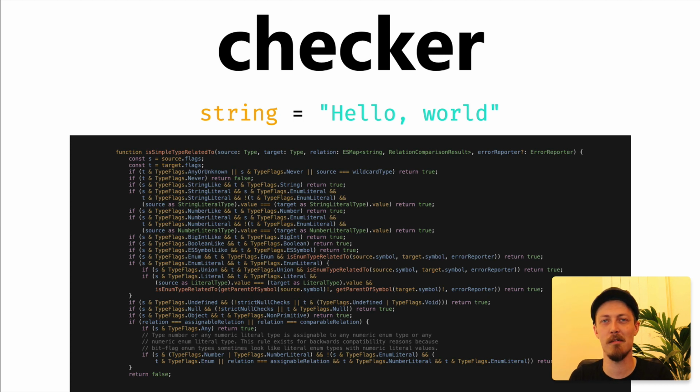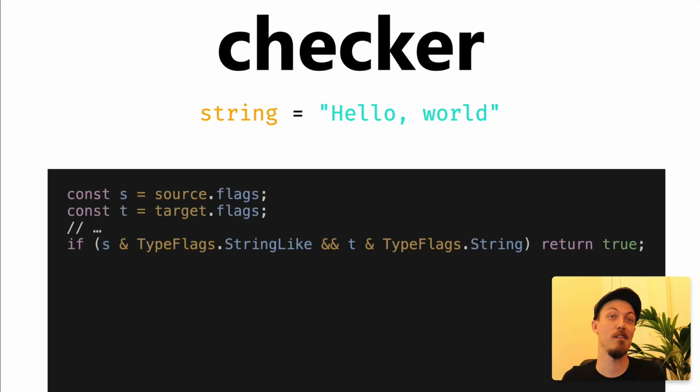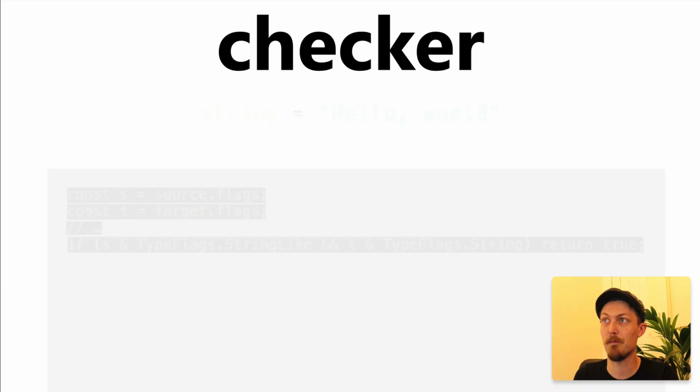It's this really useful quick bit that just checks a few flags to say, hey, if this is a string-like thing and this is a string-like thing, they're pretty much the same thing. We can just move on now. We don't need to do a much deeper analysis. And in this case, this check does hit this flag. One of them is string-like and the other is a string. And that returns true, and so these two are considered the same in the TypeScript structural analysis.